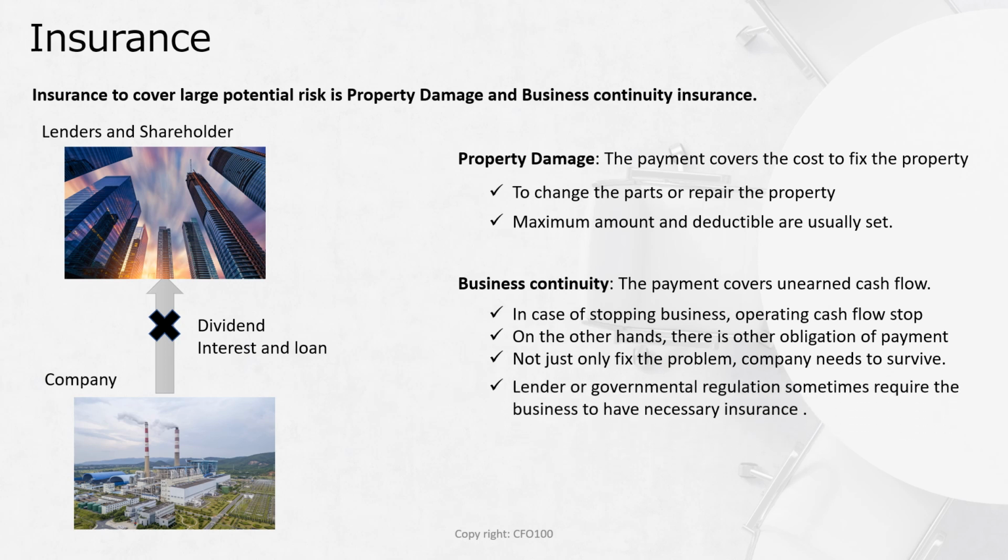If the size of insurance is very big, companies sometimes hold sessions to explain the business situation and overview to those underwriters directly by themselves. That is why insurance is one of the important items in which the CFO should be engaged.